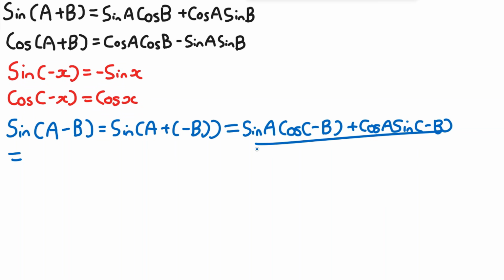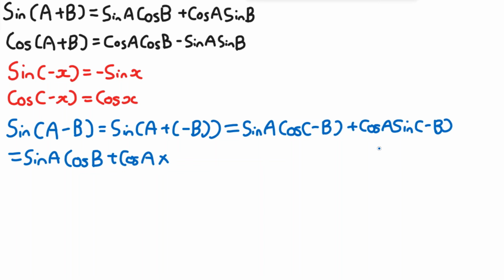So we can rewrite this here as sin a, and then cos of minus b, as cos of minus x is still just cos of x, cos of minus b is still just cos of b. So this is sin a cos b, and then this is plus cos a multiplied by sin of minus b. And as sin of minus x is minus sin of x, sin of minus b is minus sin of b, like this here.